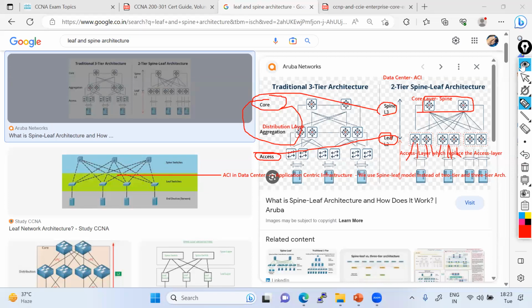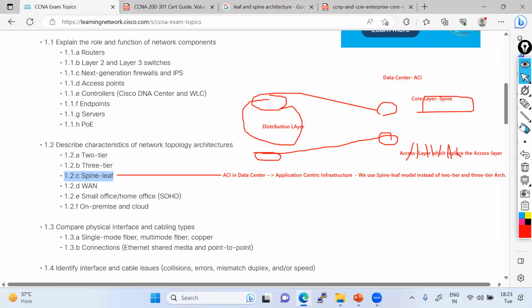So if I go back again to CCNA, leaf and spine, two tier, three tier, all are the same. You just have to understand that these two can be used in your campus network. So what is the campus network? That means the office LAN network, right?